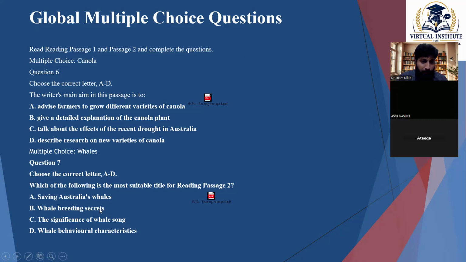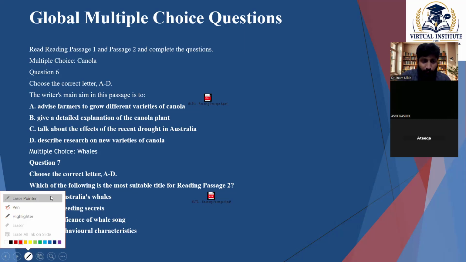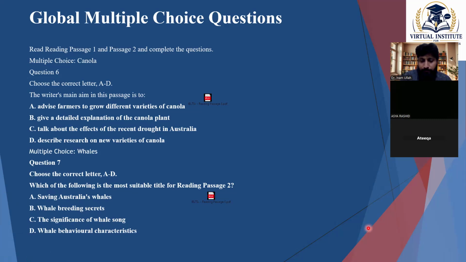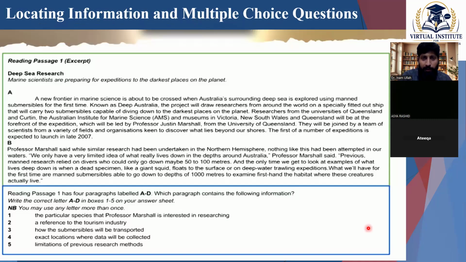And lastly, whale behavioral characteristics. We have not talked about the behavior, right? All the paragraphs in the passage were talking about the songs of whales, right? So, of course, option C is the ultimate correct option. Well done, right? Let's move to the next paragraph.